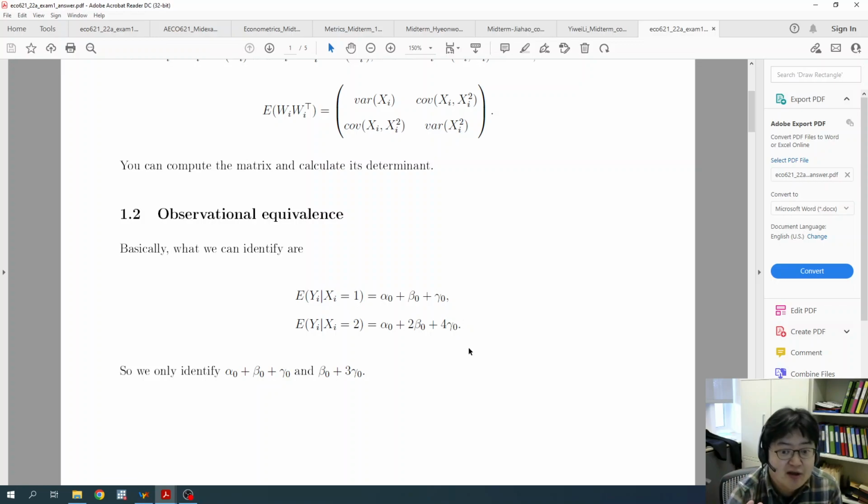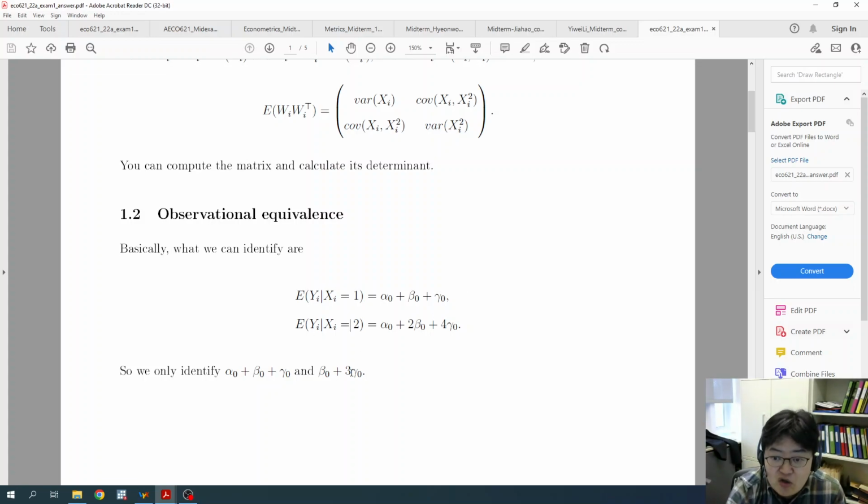That's the intuition, but intuition is not rigorous. So you have to guess the answer first and then make up your step-by-step argument. What you can tell here is you can identify alpha plus beta plus gamma from the first group, and you can identify beta plus 3 times gamma from the difference between those two groups. That's all you can identify.